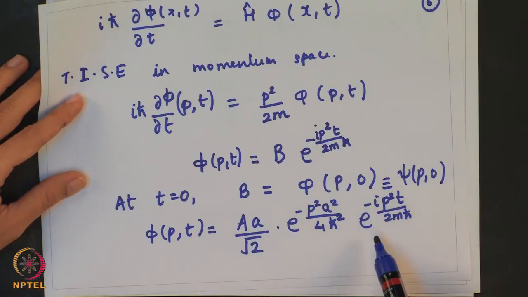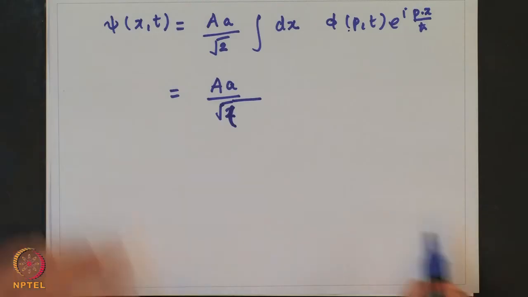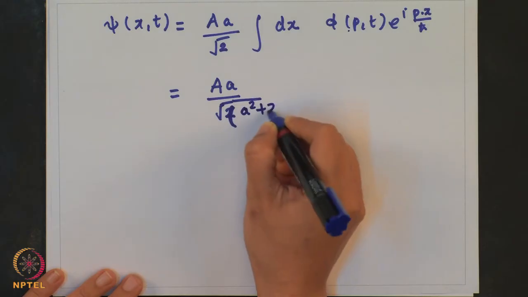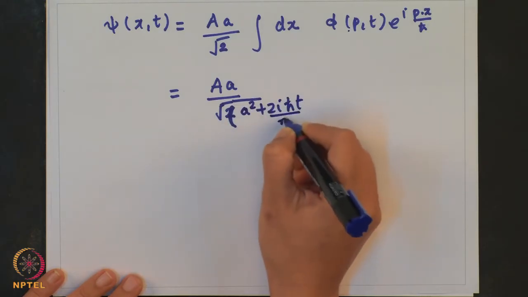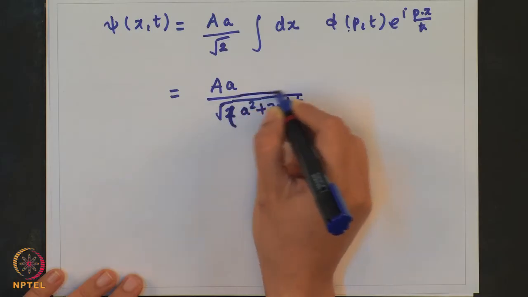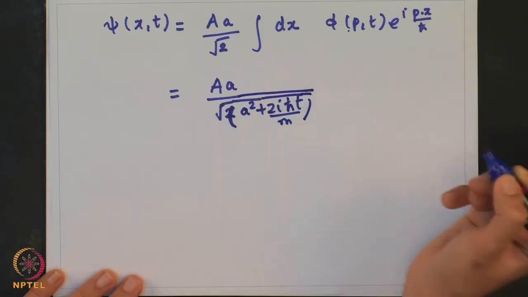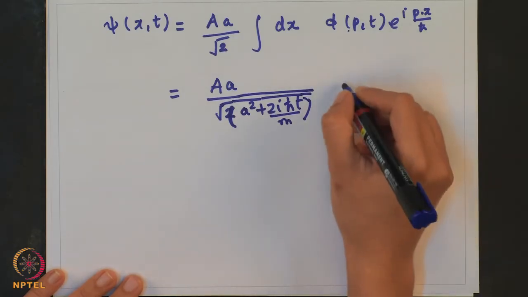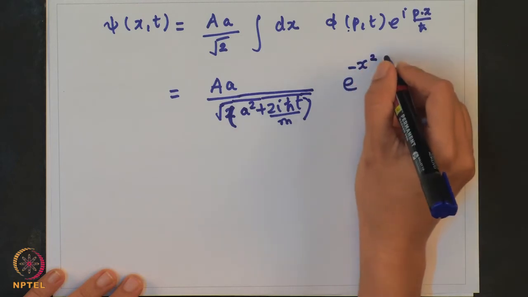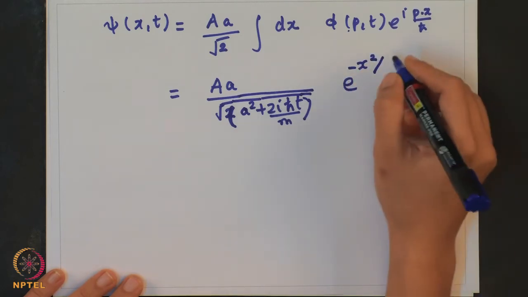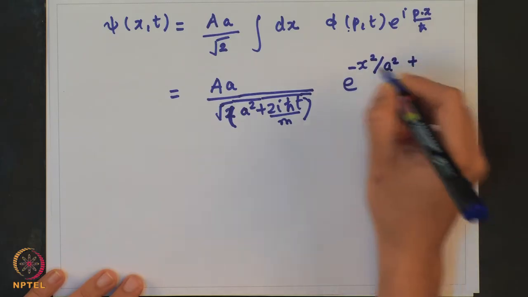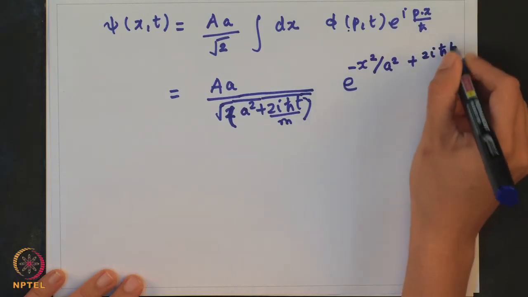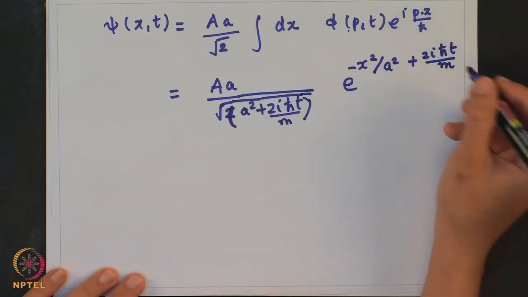On integrating out these terms, one can finally obtain a squared plus 2 i h cross t upon m, times an additional factor of exponential minus x squared upon a squared plus 2 i h cross t by m in the exponent itself.